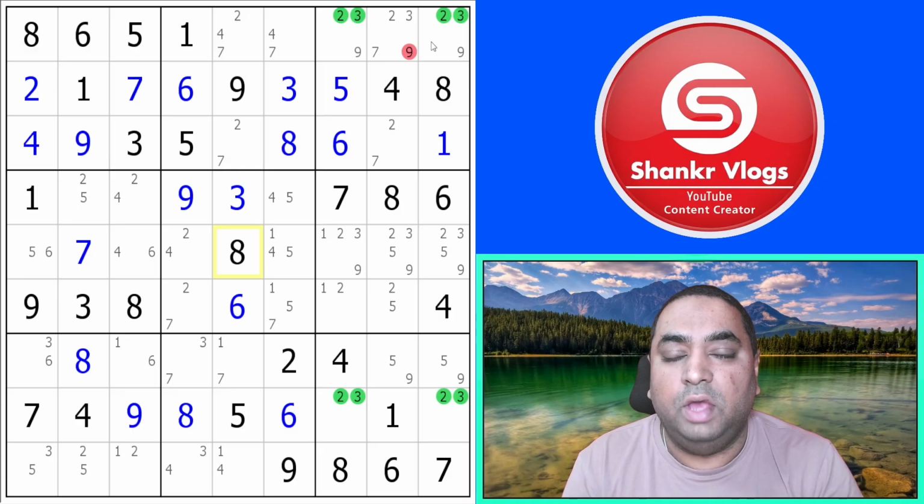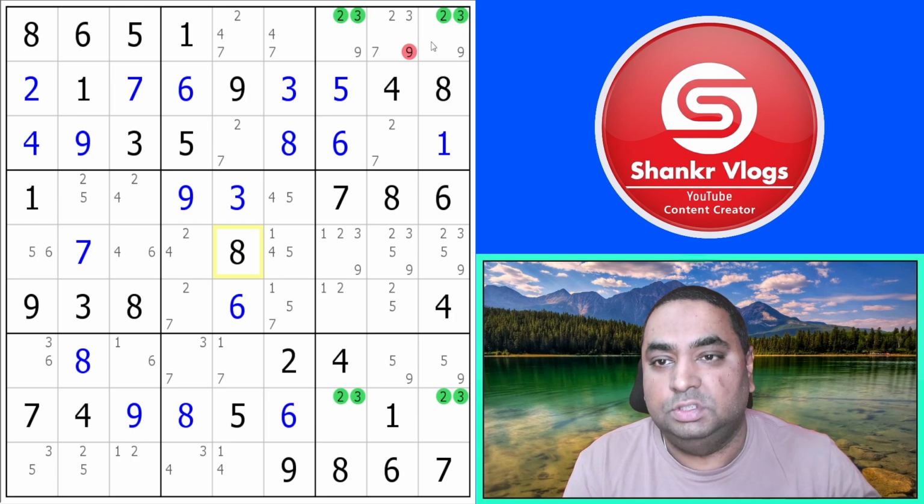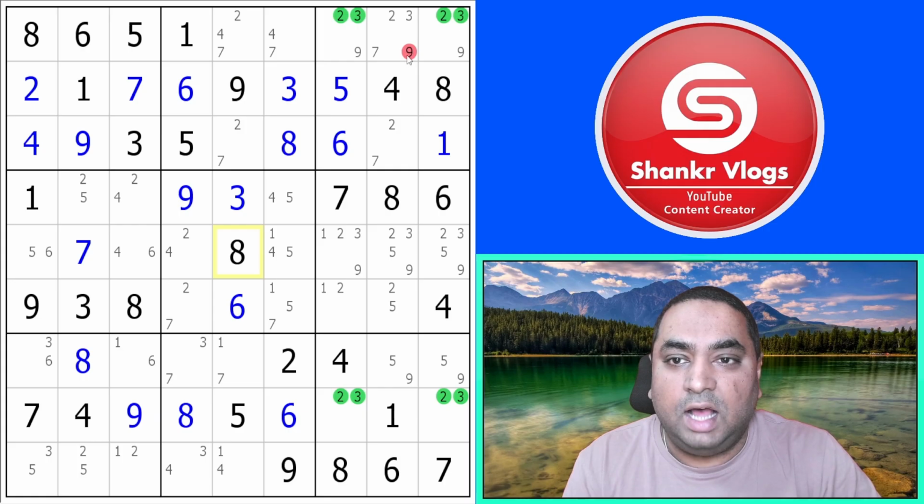In order to eliminate candidates in this type 2, the additional candidate 9, whether it is in the same block, the same column or the same row, can be removed. See here, the other candidate 9 is appearing in the third block, so we can remove 9 from the third block as an elimination candidate.